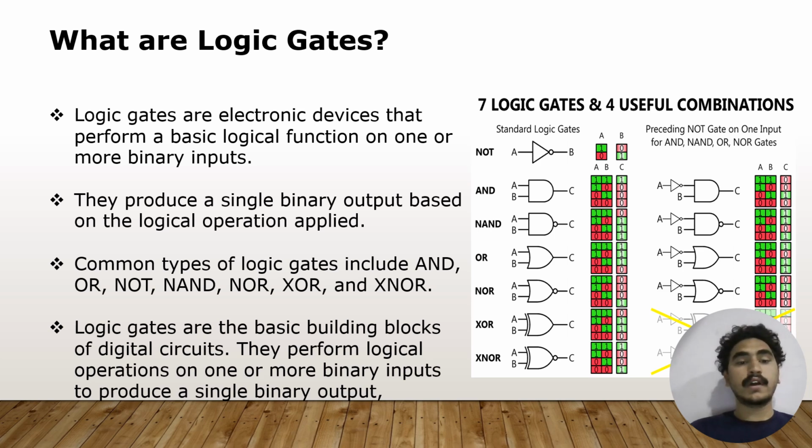They produce a single binary output based on the logical operation applied. Common types of logic gates include AND, OR, NOT, NAND, NOR, XNOR, and XOR. Logic gates are the basic building blocks of digital circuits. They perform logical operations on one or more binary inputs to produce a single binary output.